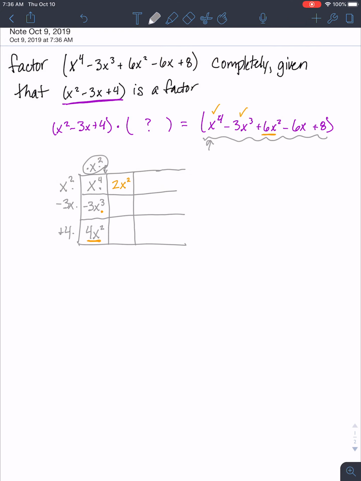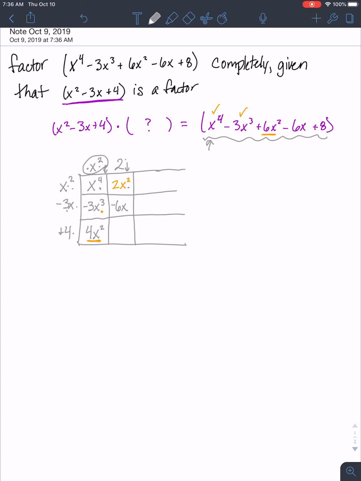So I'm going to go back to my gray. If I have 2x squared here inside of the box, and I know that I have multiplied something by x squared, that means up above my term was simply 2. So again, now I'm going to work my way down this column of the area model. This 2 times the negative 3x ends up with negative 6x.